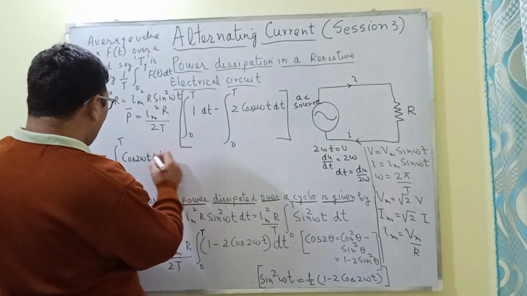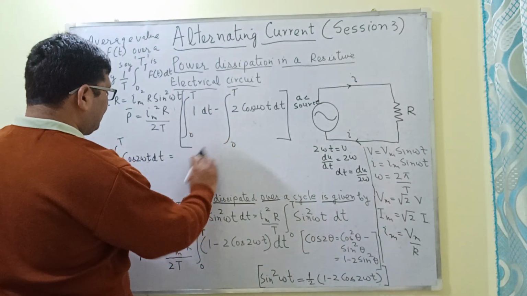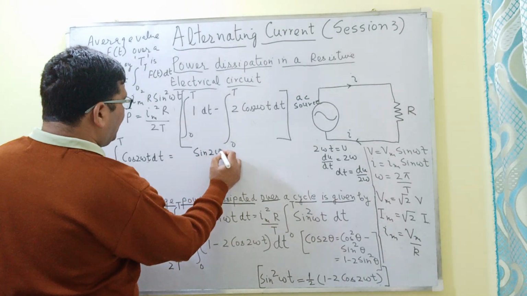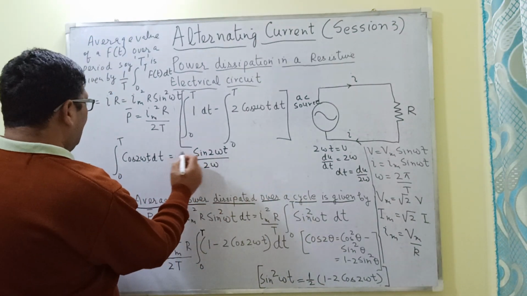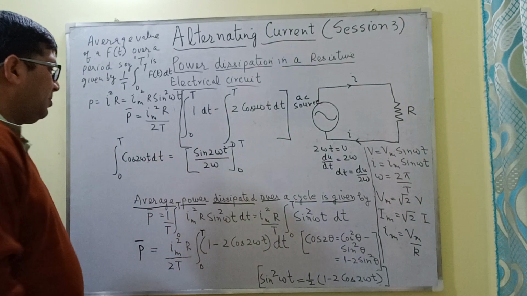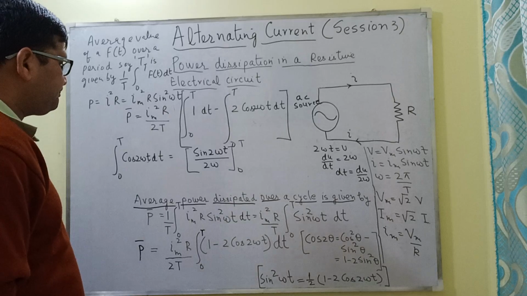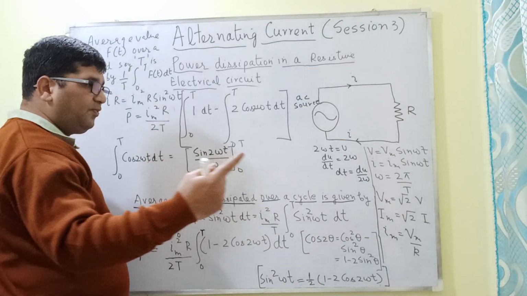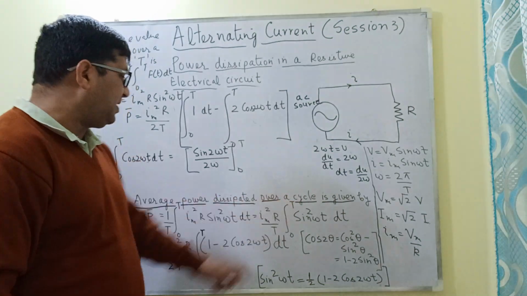So finally the integration of this will be equal to sine 2 omega t divided by 2 omega, and we will have to integrate this from 0 to T. Now we know that omega is equal to 2 pi upon T. We have to calculate the average power which is dissipated over one complete cycle.